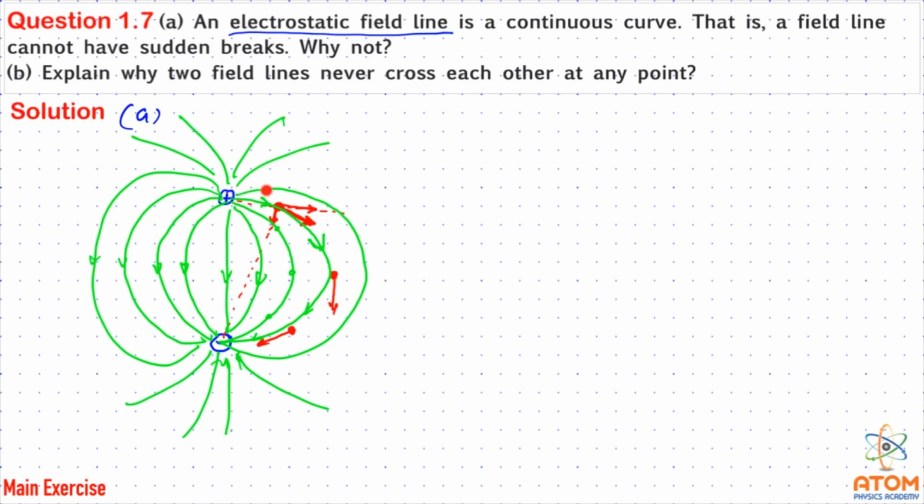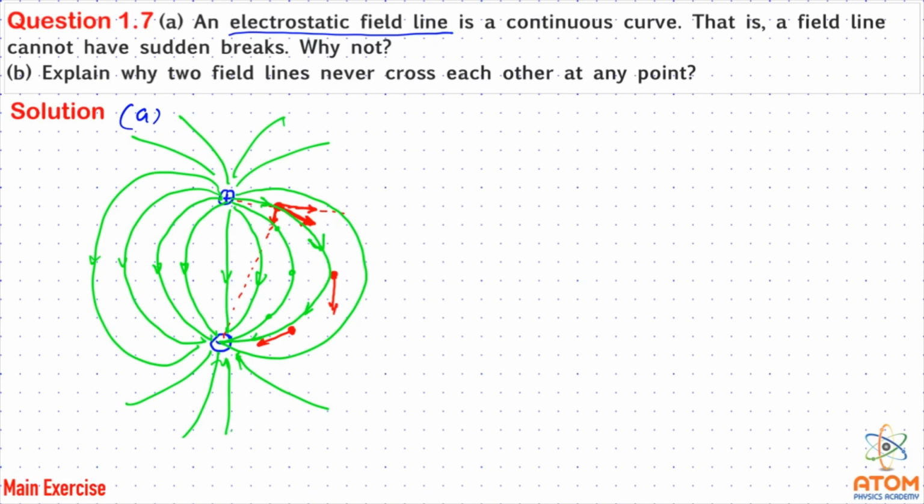Means on this curve, wherever I put the unit positive charge, it will feel force. So obviously throughout this curve there is a force, and that's why throughout this curve the electric field line is continuous. Rather, this curve itself is known as electrostatic field line.